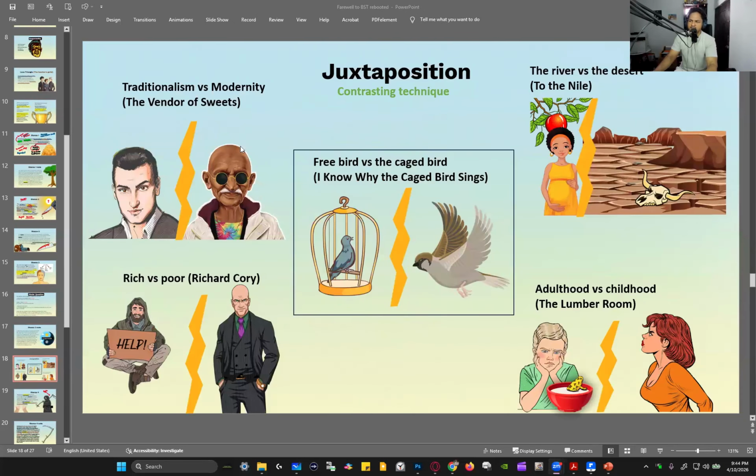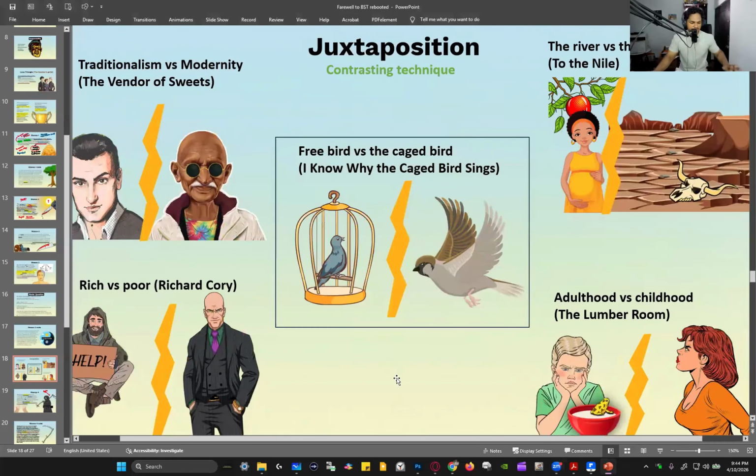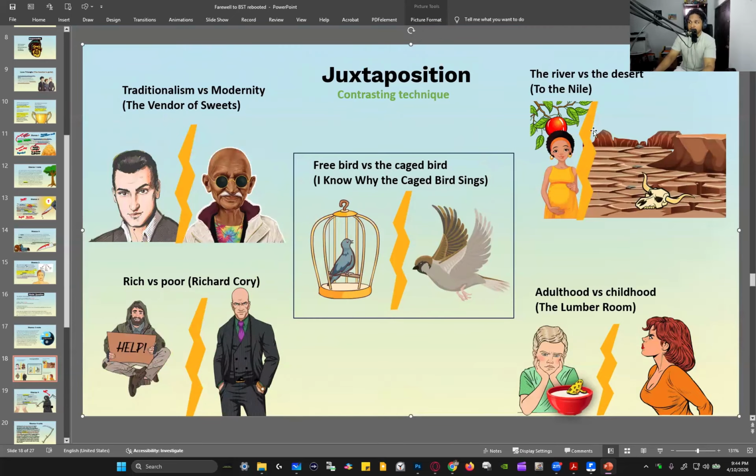But here are some examples for juxtaposition. In Richard Corey, rich versus poor. That is an example for juxtaposition, right? In The Lumber Room, adulthood versus childhood. That is an example for juxtaposition. The Vendor of Sweets, hands up if The Vendor of Sweets is your novel. I have a tune for The Vendor of Sweets, by the way.